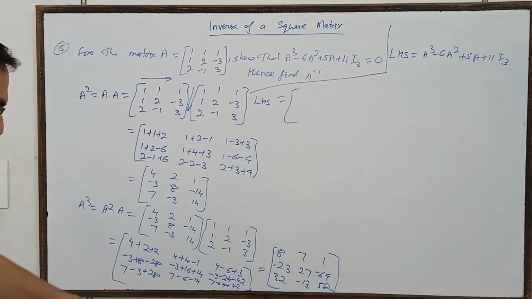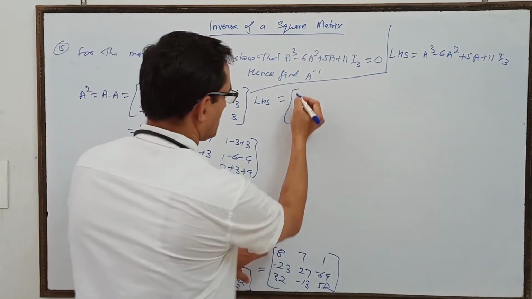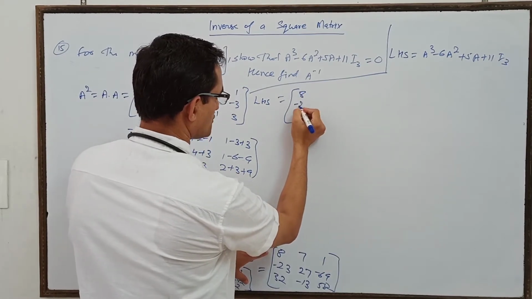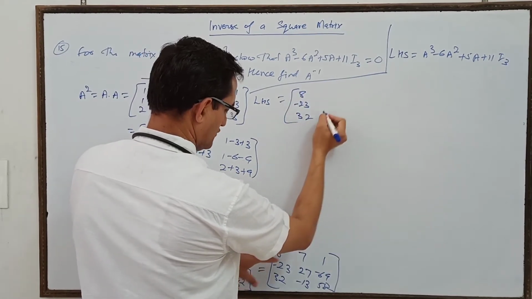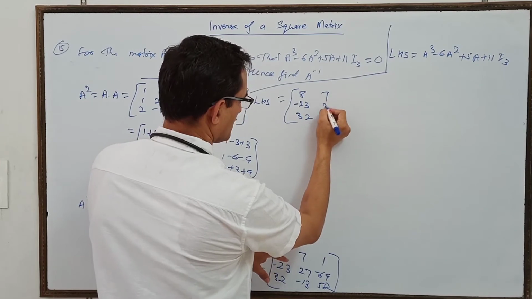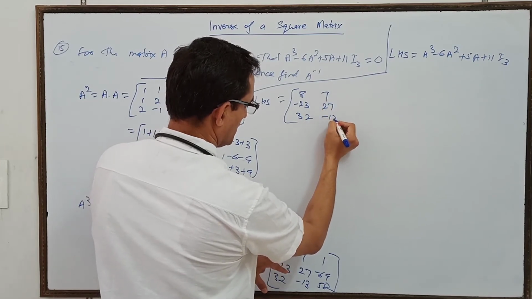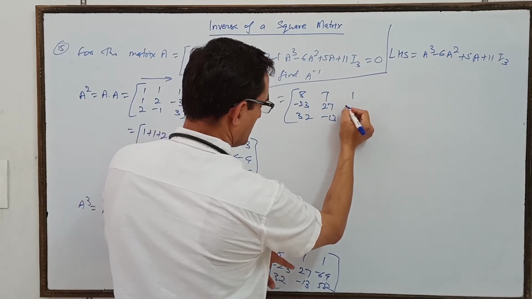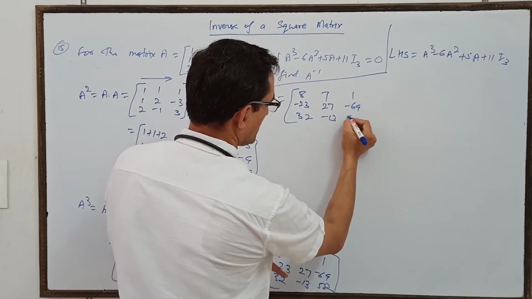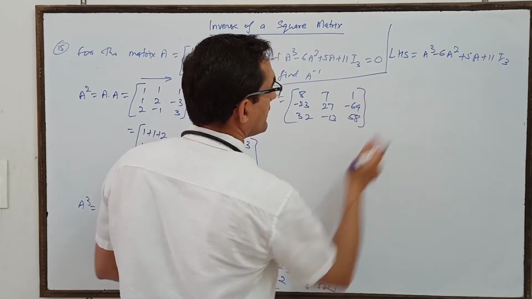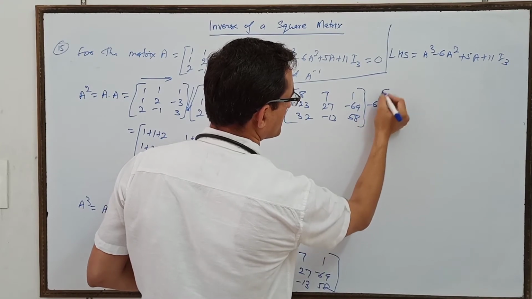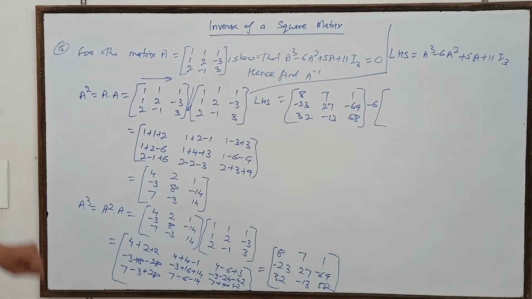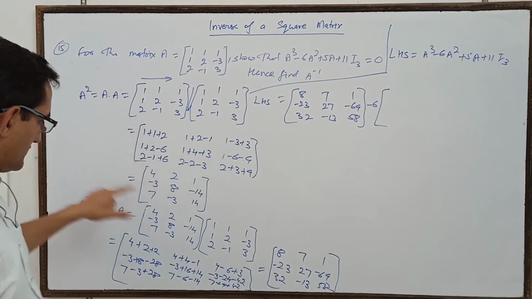What is A cube? A cube is this one, 8, minus 23, 32, 7, 27, minus 13, 1, minus 69, 58, minus 6A square. What is A square? A square is this one.